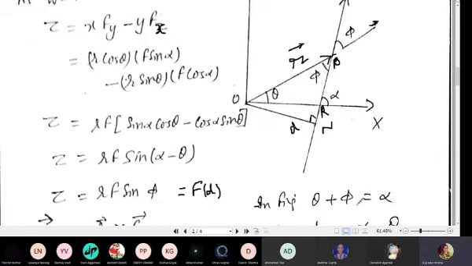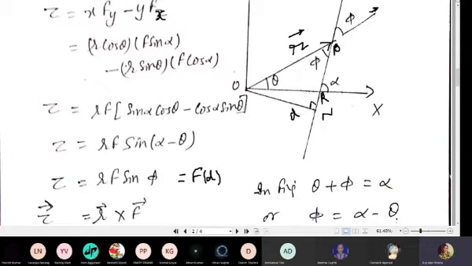From there, you can find the value of alpha minus theta, that comes equal to phi. So phi equals alpha minus theta. So if you put this value of alpha minus theta here, I am getting RF sin phi. Or I can simply write f into r sin phi.